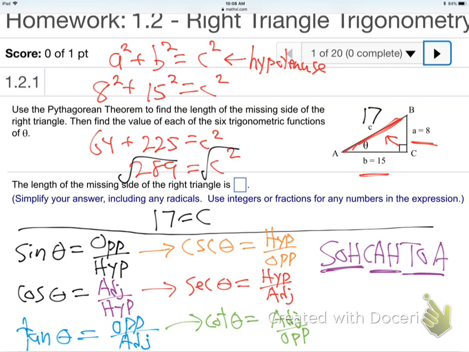So sine is opposite over hypotenuse, cosine is adjacent over hypotenuse, tangent is opposite over adjacent. That's what everybody uses to remember the first 3. The other 3 are just upside down. Those are the 6 trig functions.